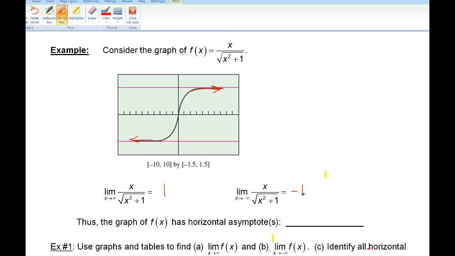In this case, the right end behavior is approaching 1, the left end behavior is approaching negative 1. Make sense? So the horizontal asymptotes are y equals 1 and y equals negative 1.